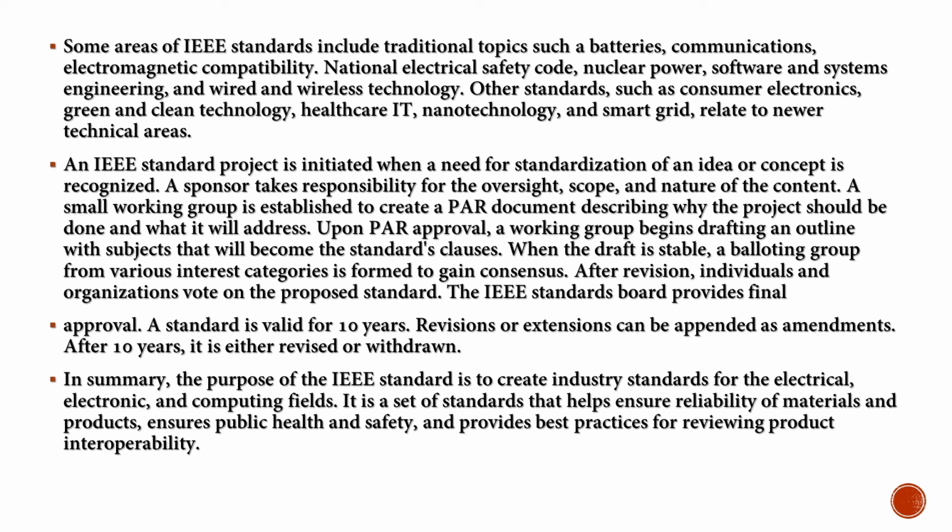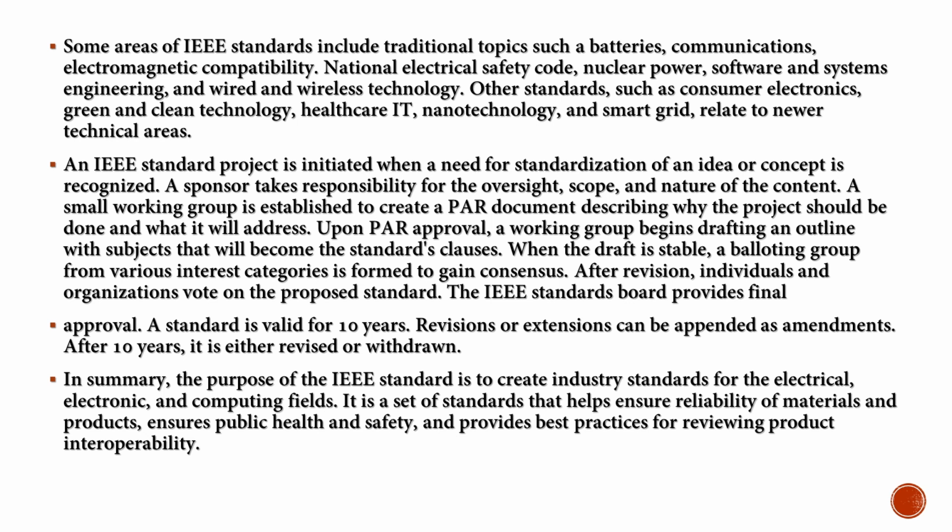An IEEE standard project is initiated when a need for standardization of an idea or concept is recognized. A sponsor takes responsibility for the oversight, scope, and nature of content. A small working group is established to create a PAR document describing why the project should be done and what it will address.